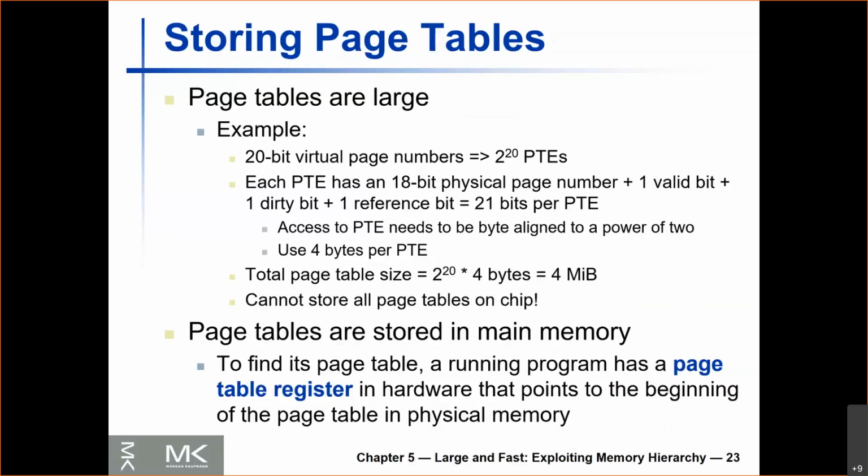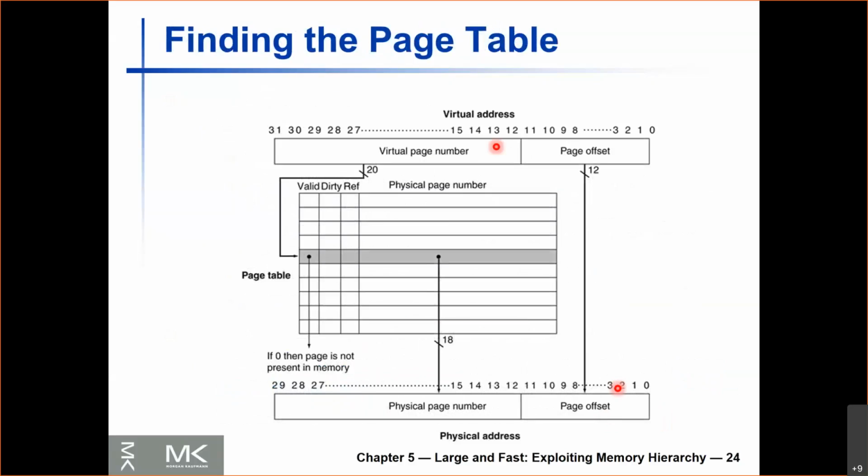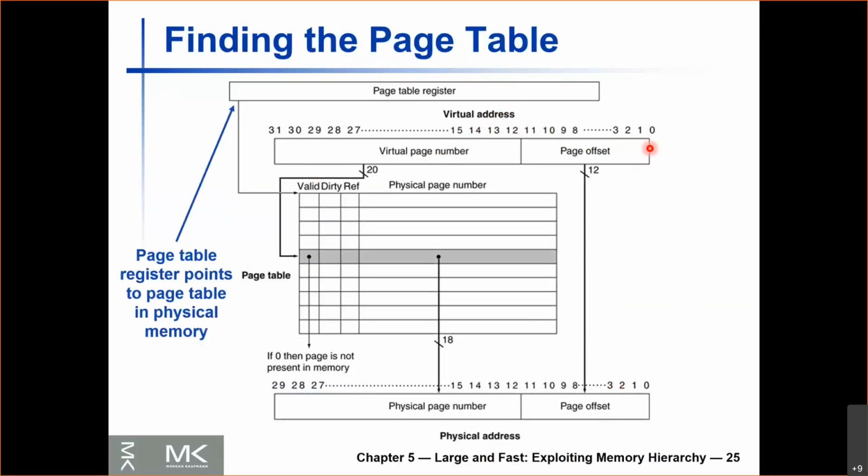So if we go back to our diagram over here, this virtual address is going to be coming from my processor, right? We're also going to have in the processor a page table register, and every program is going to have a different page table register, and this page table register is going to point to our page table in physical memory.